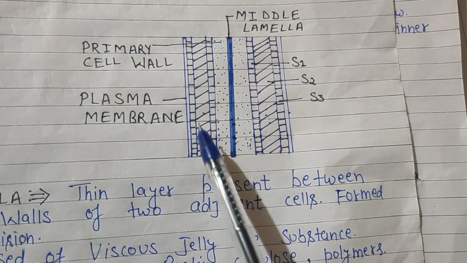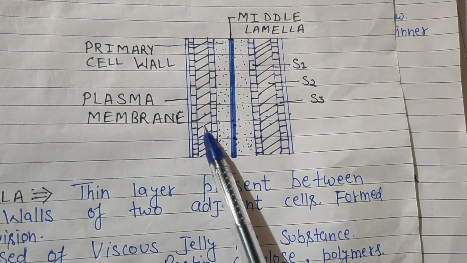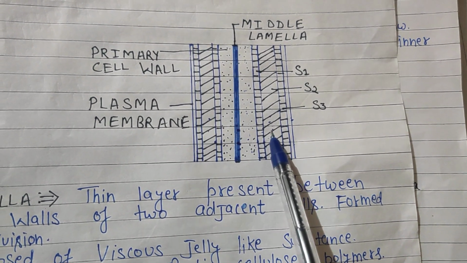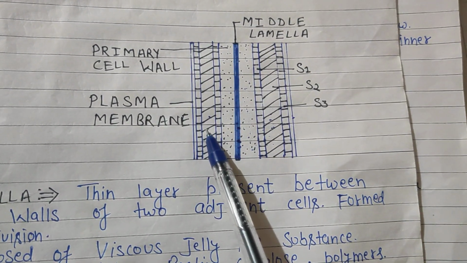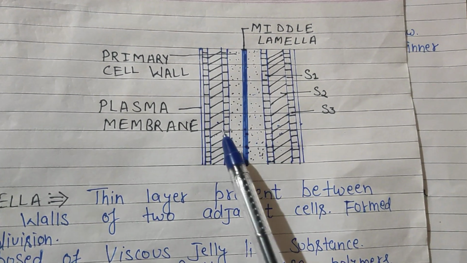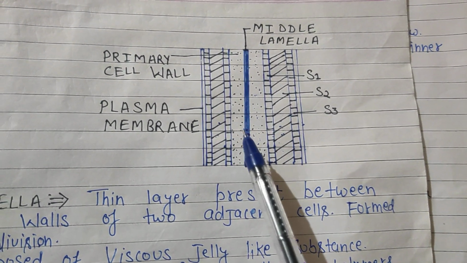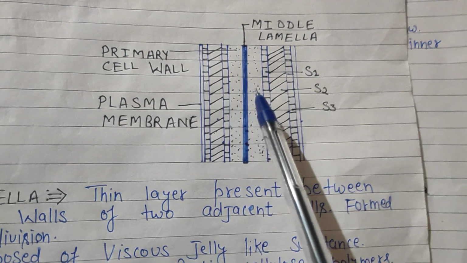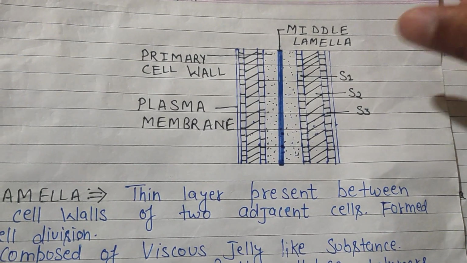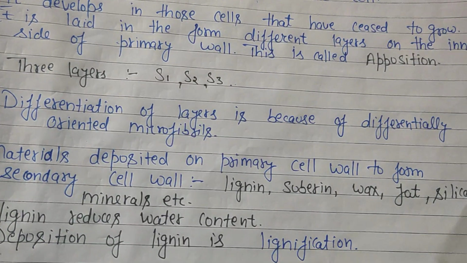For example, if there is a simple pit on this secondary wall, and another simple pit here on this secondary wall, these two simple pits will be opposite to each other, but they are not in direct contact, as it is obvious that in between the two there exist two primary cell walls, and in between those two primary cell walls we have a middle lamella.